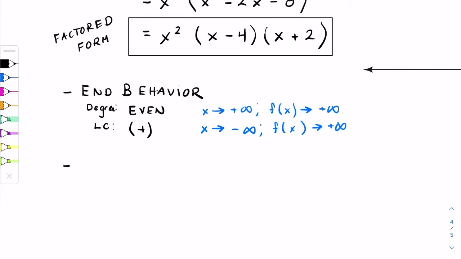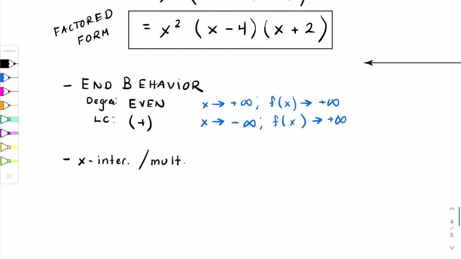Next, we're going to find x-intercepts. And with this, let's find the multiplicity and what happens at that point. Our first factor, x squared, that would be x equals 0 or 0, 0. This has a multiplicity of 2 because the exponent is 2, or that factor happens twice.